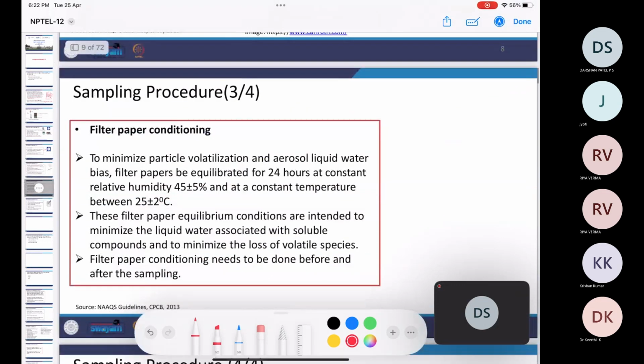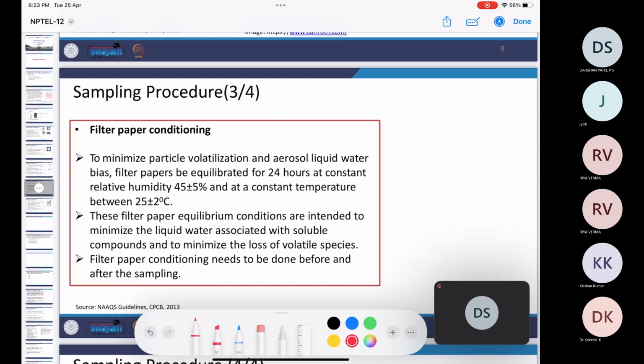Then, for conditioning purposes, to minimize particle volatilization and aerosol liquid water bias, filter papers must be equilibrated for 24 hours at a constant relative humidity of 45 plus minus 5%, and a constant temperature of 25 plus minus 2 degrees centigrade. And why do we need to equilibrate the filter paper?